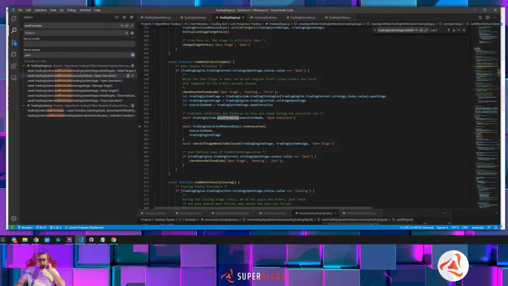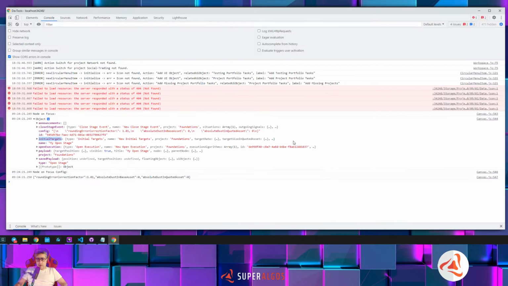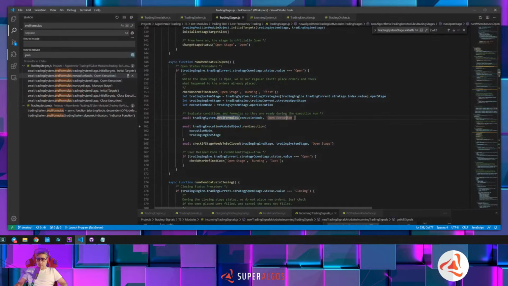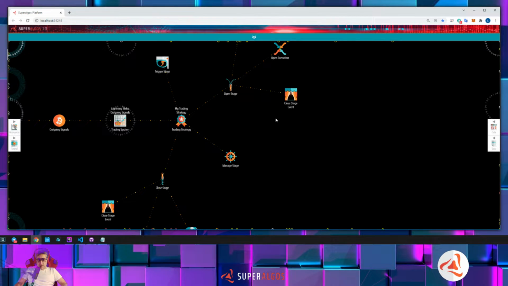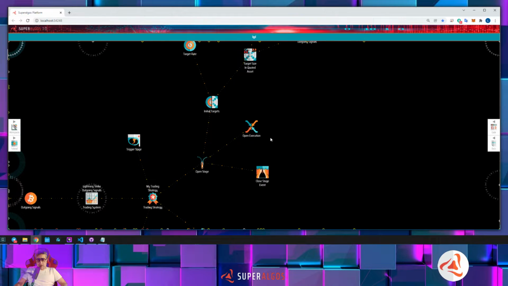So at the open stage, when the status is open, here it says that we're going to evaluate the formulas of the open execution. And here it's sending the execution node. The execution part of the open stage is what it starts here.